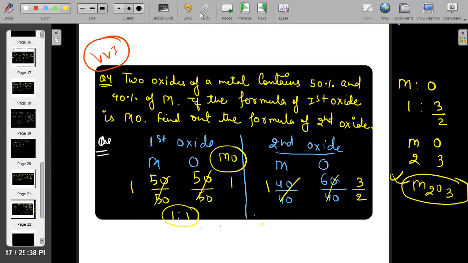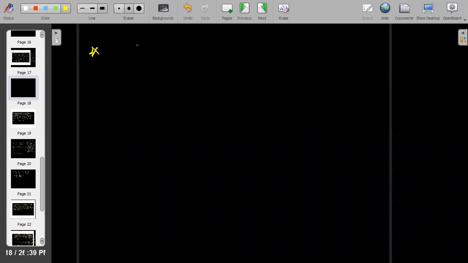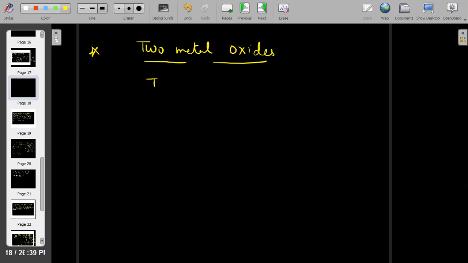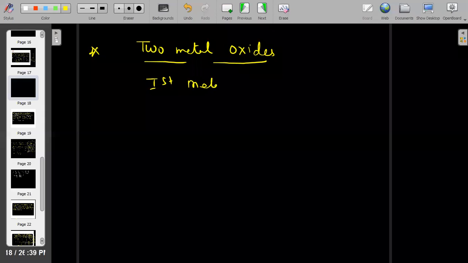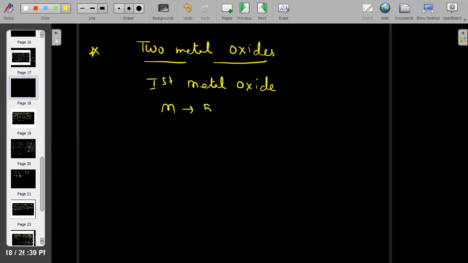Yes or no? If you got it, now solve the question. Now the final question before ending the class. Suppose there are two metal oxides. In the first metal oxide, metal is 50% and the formula of the first metal oxide is MO.